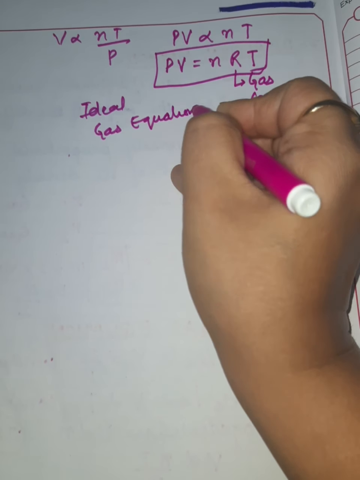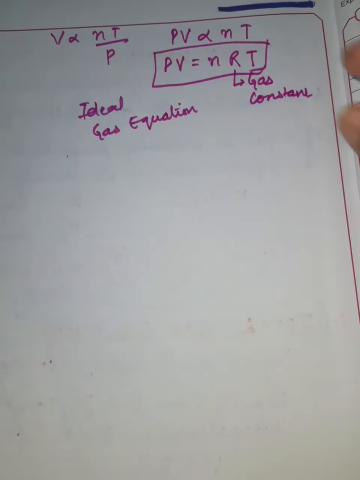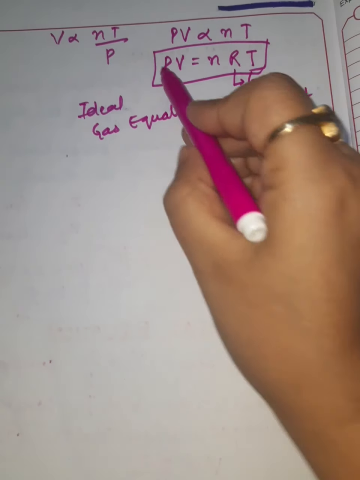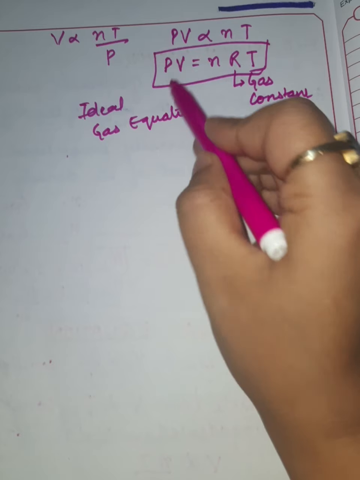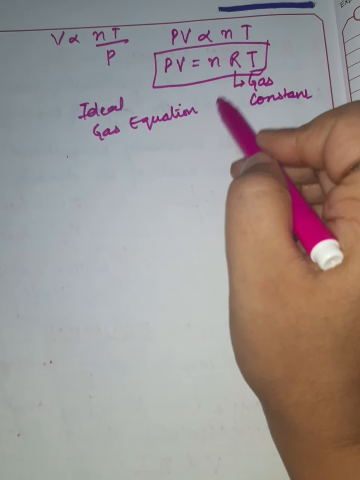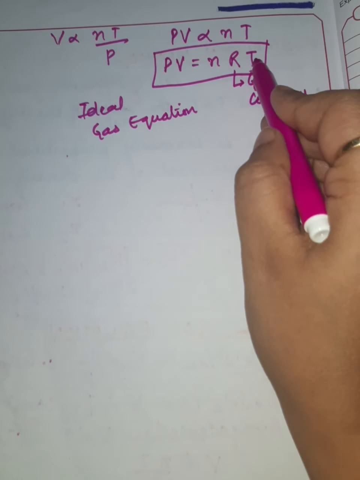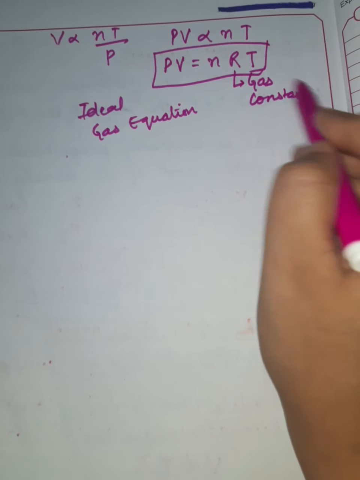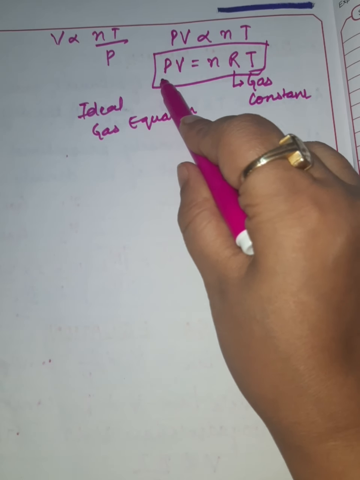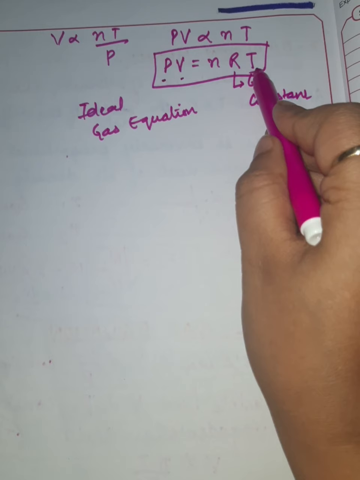Alright, I will make a separate video to give you a detailed study of this ideal gas equation. This was a quick and short way to produce this ideal gas equation, where P is the pressure of the gas, V is the volume of the gas, n is the number of moles, R is the gas constant, and T is temperature. The value of the gas constant depends upon the units of pressure, volume and temperature.